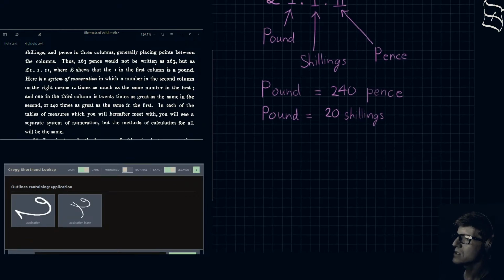So in this instance, a pound is 240 pence, and a pound is also 20 shillings, and 1 shilling was equal to 12 pence. Okay? A pound was 240 pence, a pound was 20 shillings, 1 shilling was equal to 12 pence, okay?